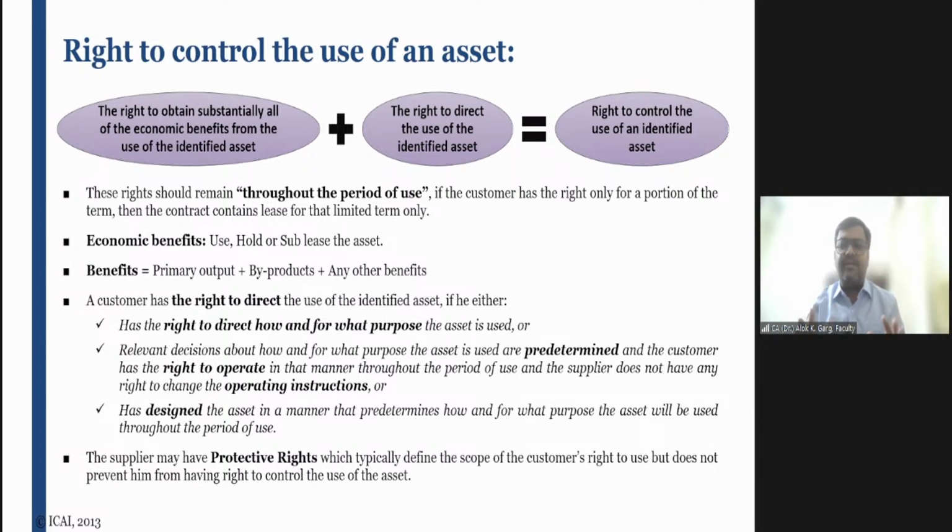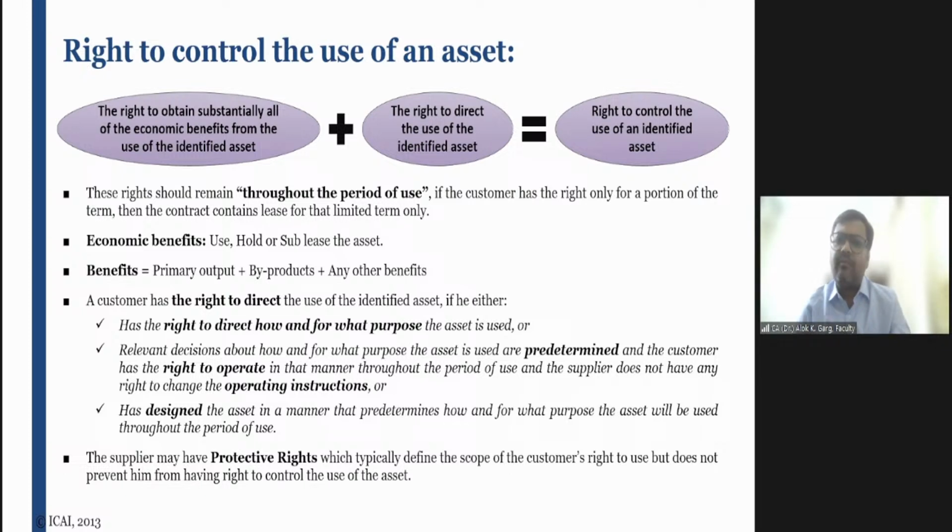But you have understood that this Ind AS 116 accounting is different from AS 19 accounting, where for certain kinds of leases we do not capitalize the right of use asset on the basis of present value of the future lease rentals.